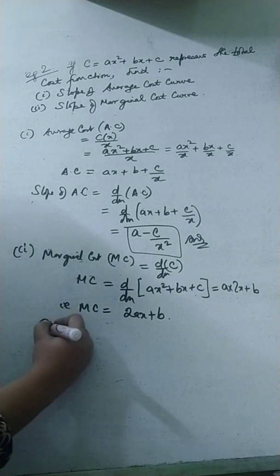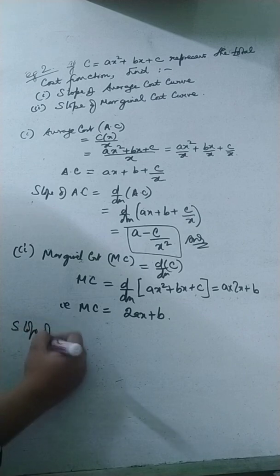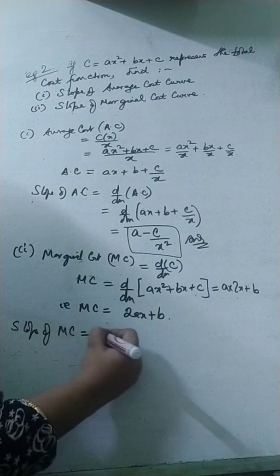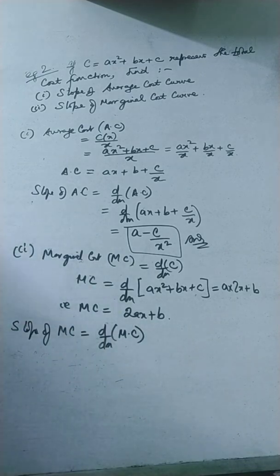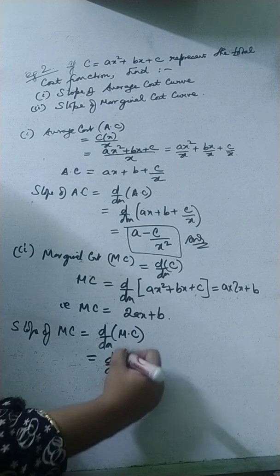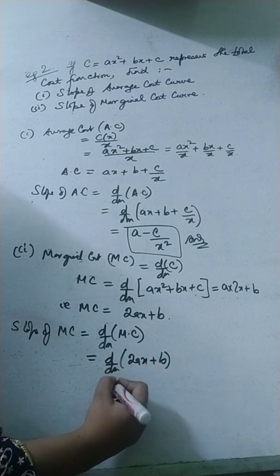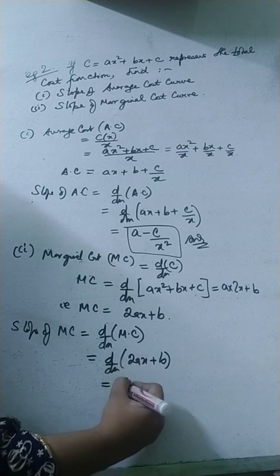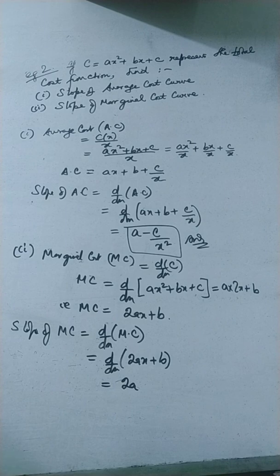So what will be the slope of the MC curve? It will simply be d/dx of the function MC, and therefore it is d/dx of 2ax plus b, which is 2a into d/dx of x, that is 1, and d/dx of b is 0.